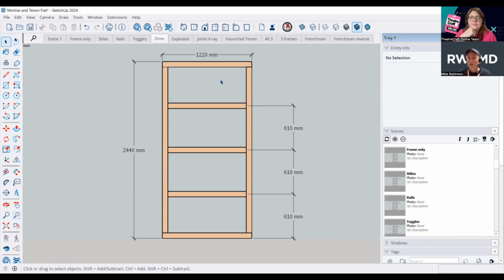But obviously on the sales receipt, because they have to sell things in metric, it would tell you that it's 1220 by 2440. But we still call it an 8x4. Everyone knows what we're talking about. As I say, it's a nominal name, because 8x4 isn't exactly 1220, it isn't exactly 2440. It's a name.